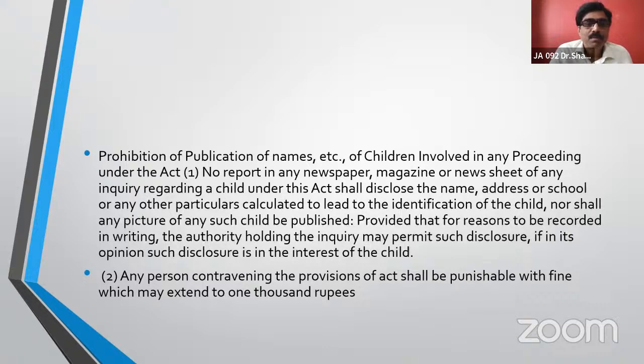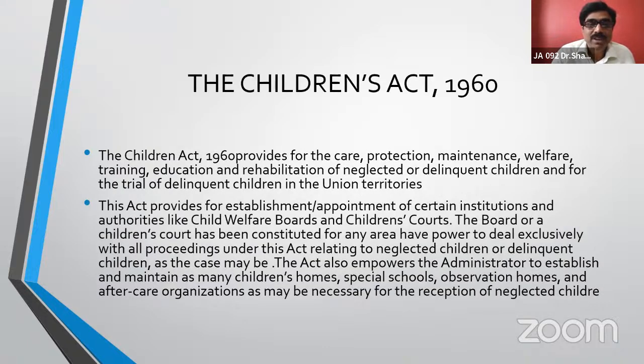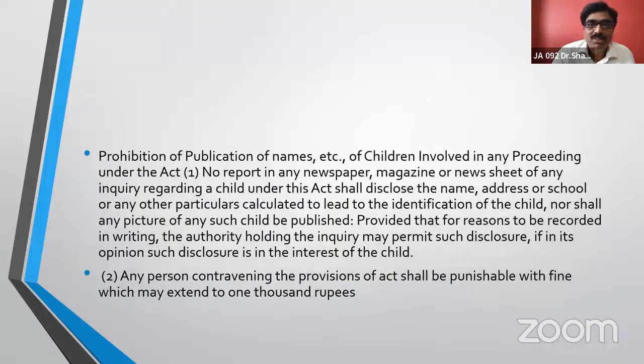Next, prohibition of publication. Those children who were involved in such crime activities, their names should not be published in any proceedings under the Act. Under this act, no report in any newspaper, magazine, or news sheet of any inquiry regarding a child shall disclose the name, address, school, or any particulars calculated to lead to the identification of the child, nor shall any picture of such a child be published.